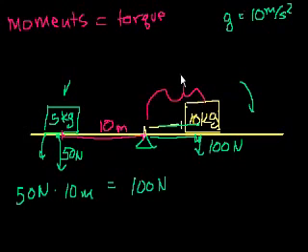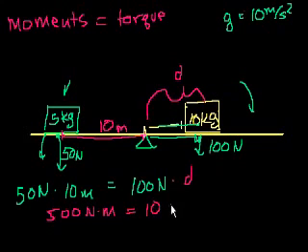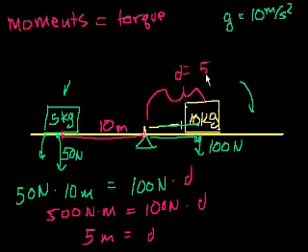Let's call that d. 100 newtons times d. And then we could just solve for d, right? We get 50 times 10 is 500. 500 newton meters is equal to 100 newtons times d. Divide both sides by 100. You get 5 meters is equal to d. So d is equal to 5.